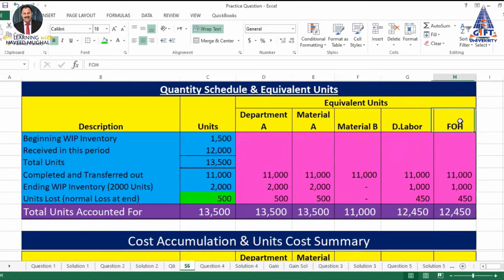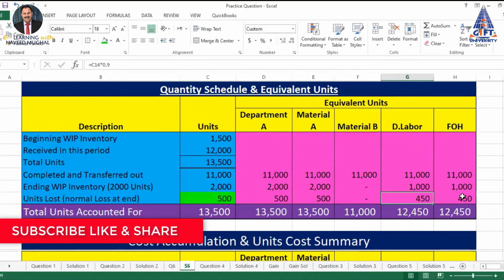And direct labor and factory overhead were applied on 90% to these because 10% before application or using of 10% cost, they were lost. So they haven't consumed 10% cost. That's why they are 90% complete. So 500 multiplied by 90%, that is 450 and 450.